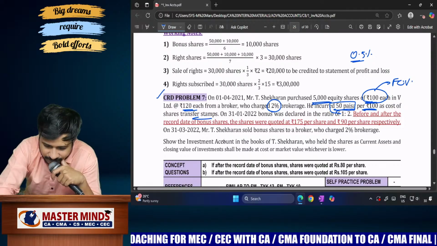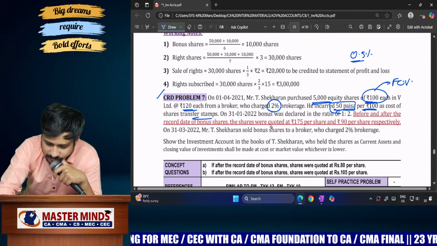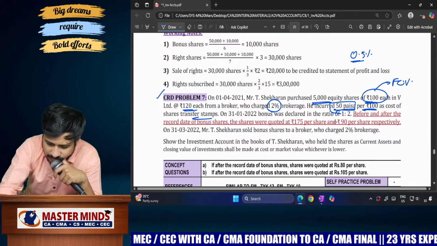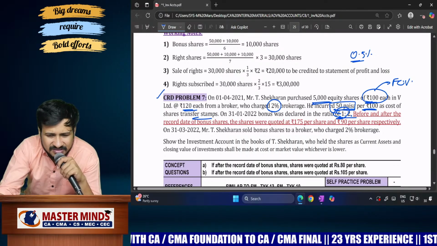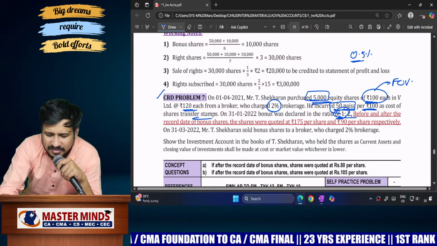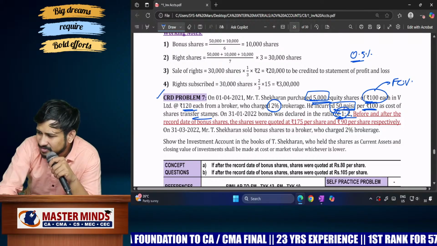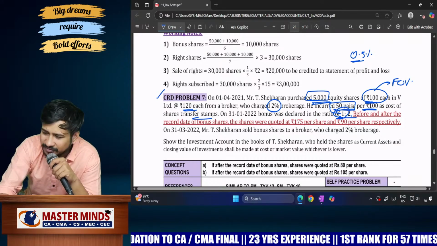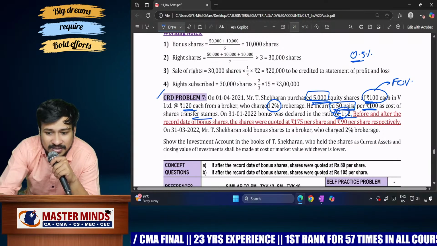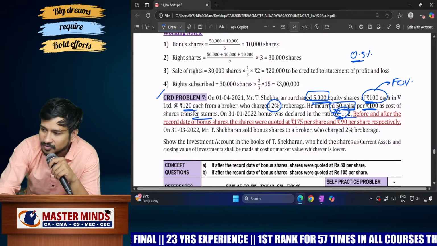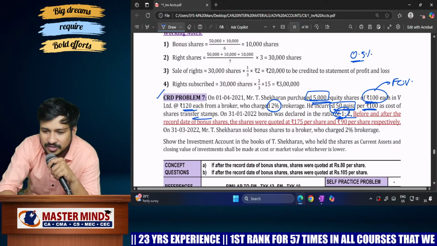Next. That's too simple. How many shares do you have? Bonus declared is 1:2, and for every 2 shares, 1 is the bonus. So 1:2, you have to read from the last: 1 bonus for every 2 shares.